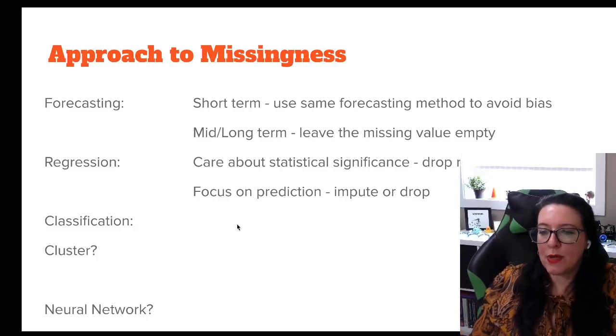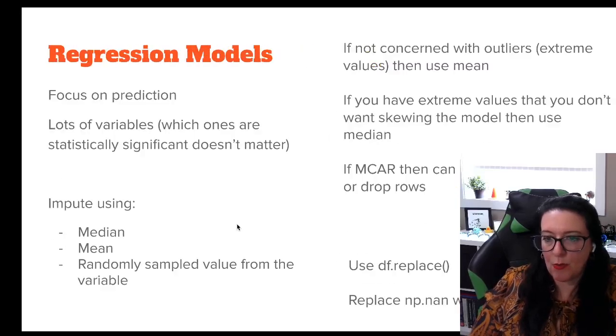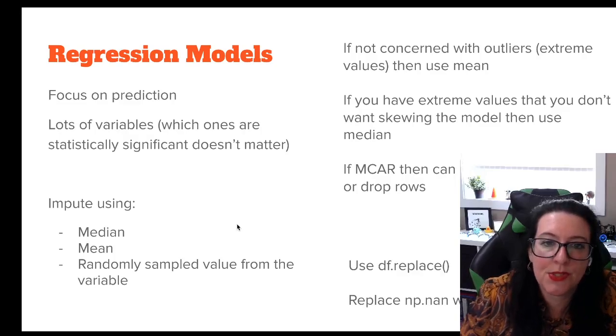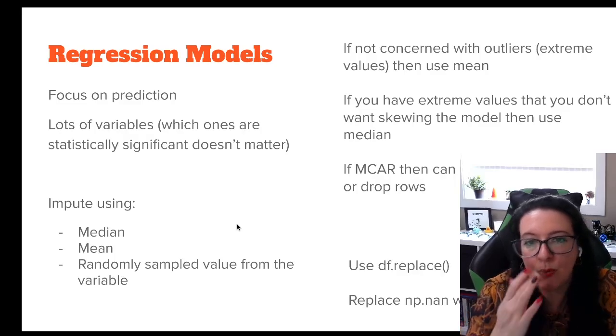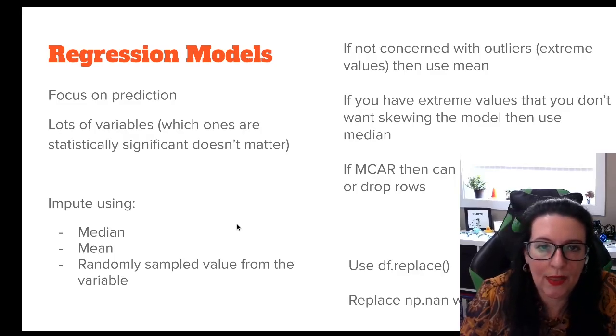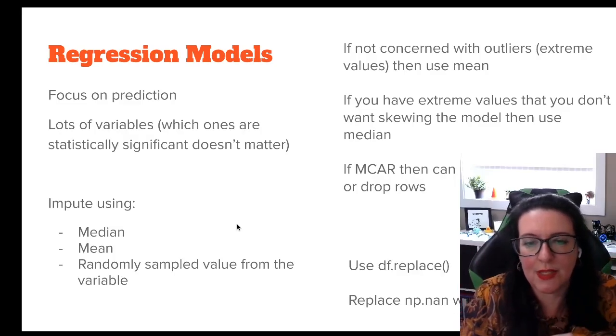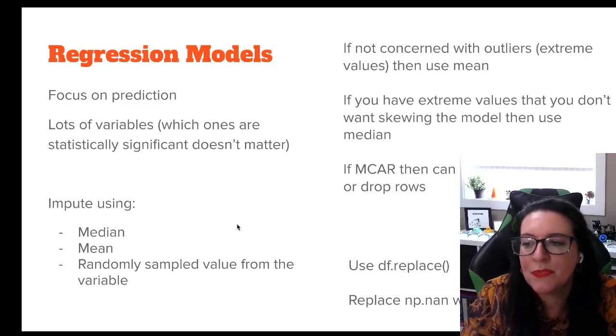When we look at focusing on prediction, and we'll just go back to recap here, if you're concerned with extreme values, then you want the median, because the mean will skew. If you're not concerned with outliers, you think everyone's kind of in the same range, you can use the mean.